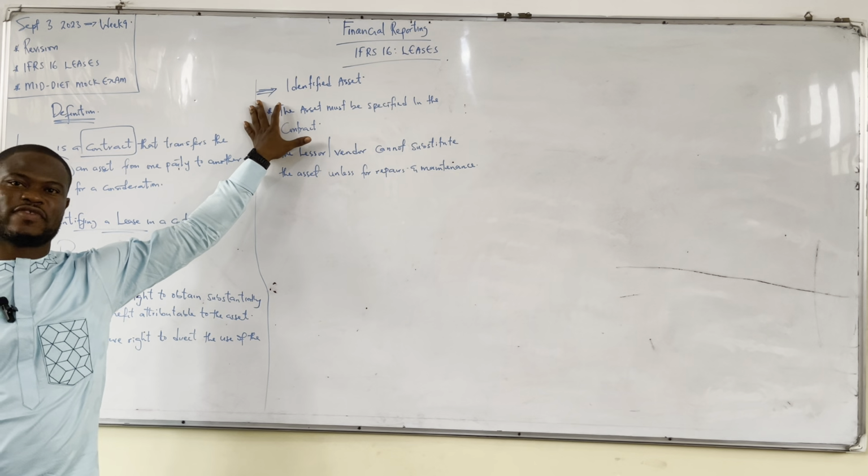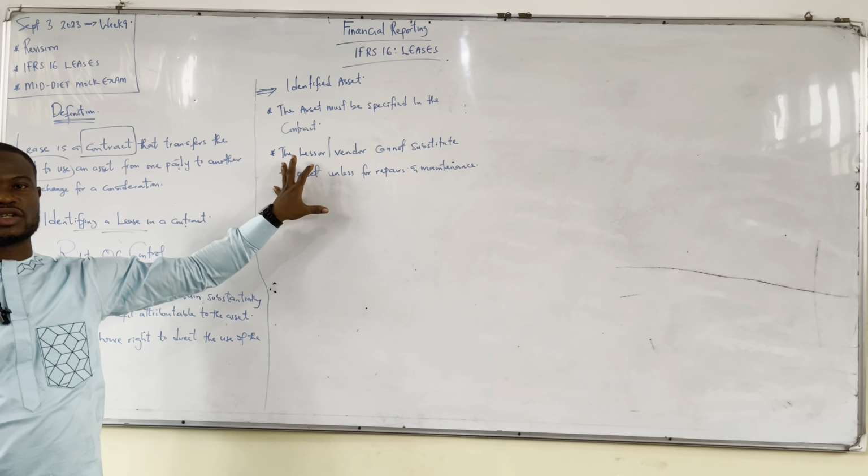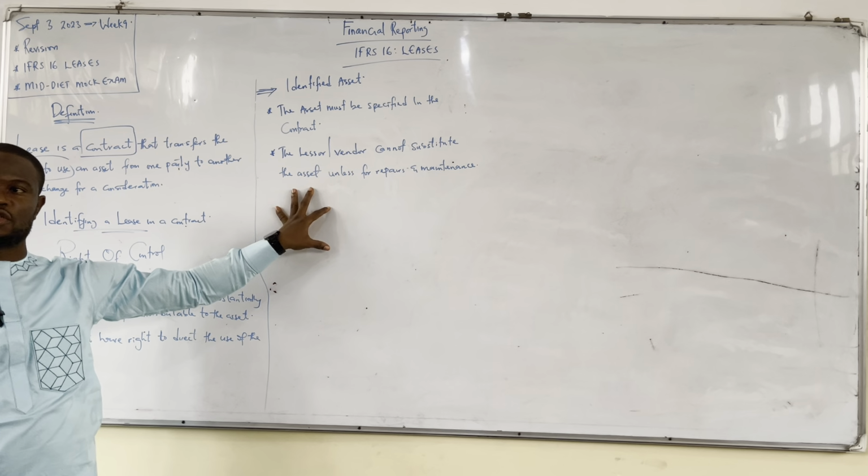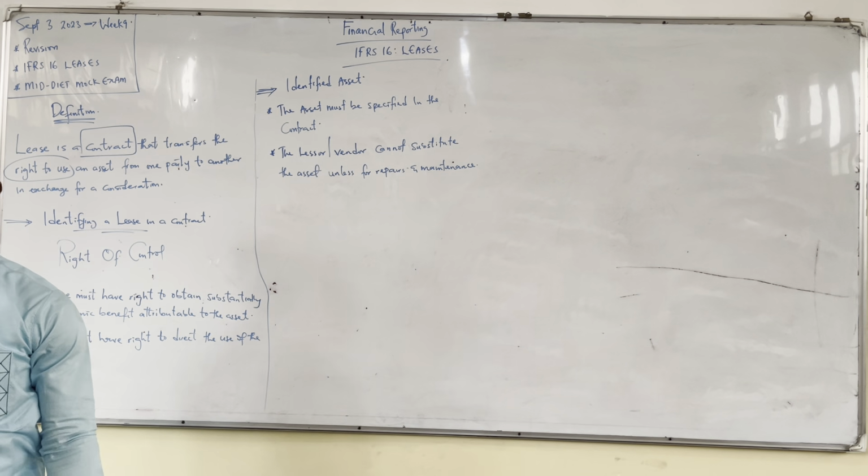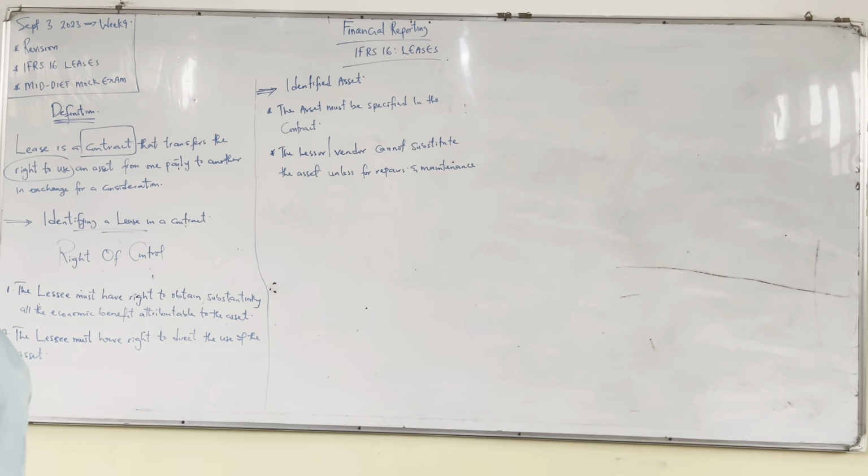The asset must be specified in a contract, and the lessor or the vendor must not be able to substitute the asset. So you cannot lease or hire an asset, and the vendor comes after two months or two weeks and says, bring this one, let me give you another one. No. When you lease a specified or identified asset, it is that asset that has to be used. If there's an exchange of assets, that would automatically mean the end of the initial lease. It's like you are starting a new lease.